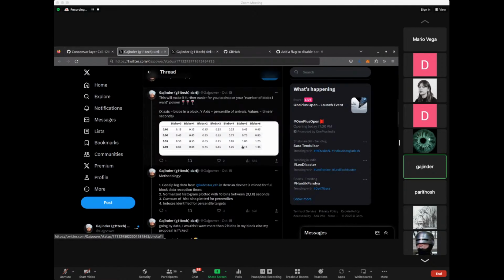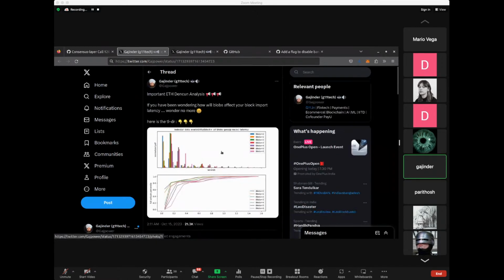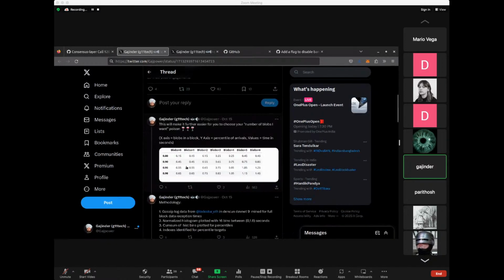I then plotted a histogram as well as the percentile scores. This graph shows how drastically late the arrival times are where there are 6 blobs in the block. If we look at this matrix, which is the percentile scores of when the blobs and blocks are fully available, even though these numbers look small, it takes no time to produce a block on Devnet 9 because these are the only transactions being bundled.